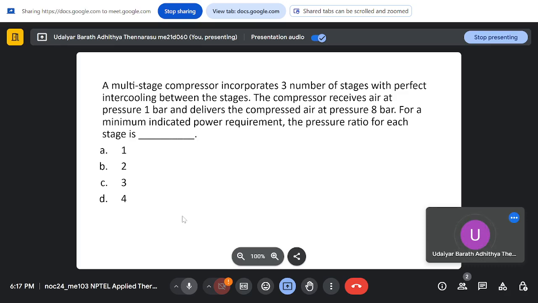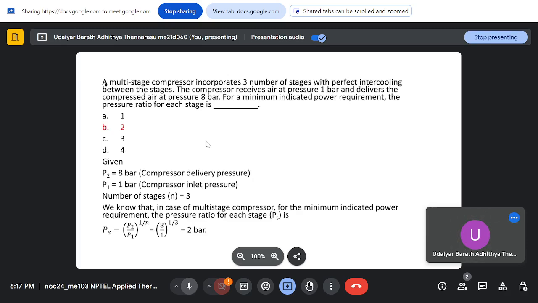So now instead of 1, we are doing it in 3 stages. So you're compressing from 1 to 2, and then 2 to 3, and then 3 to 4. So you have 3 compressors used to compress from 1 bar to 8 bar. So we need to find out, for having a minimum indicated power, that is the total work done being minimum, what should be the pressure ratio of each of the stages.